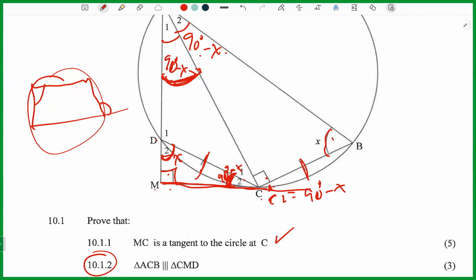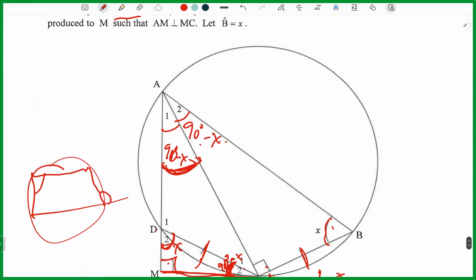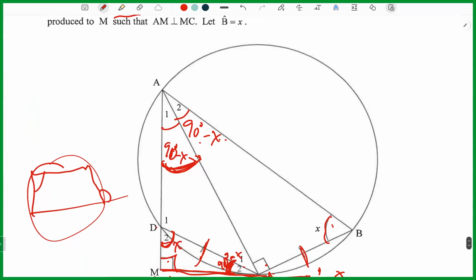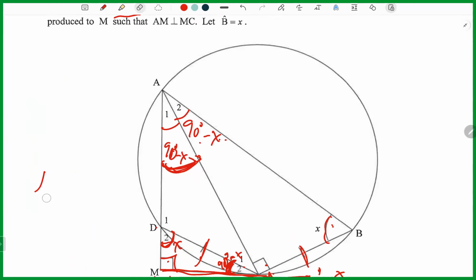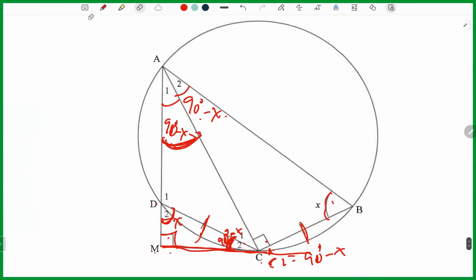Right. So in 10.1.2, we do the following. We can do it even here in this small space. Right, so we're looking at 10.1.2.